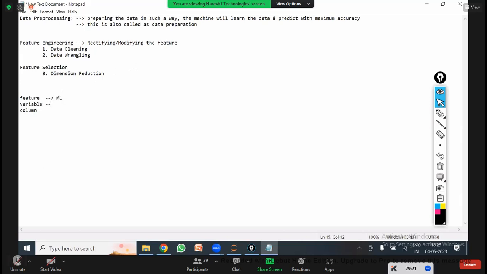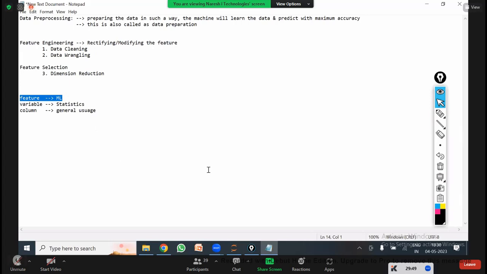In statistics, it is called a variable. Each column is called a variable. In general usage, it is called a column. Whatever we generally use, column, sir, column name, like this we use. This is our general usage. But in statistics, the column is also called a variable. The same thing in machine learning is called a feature.